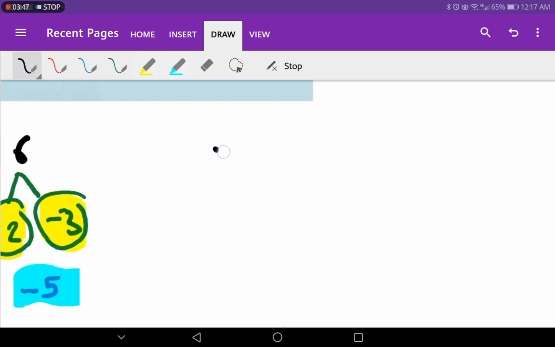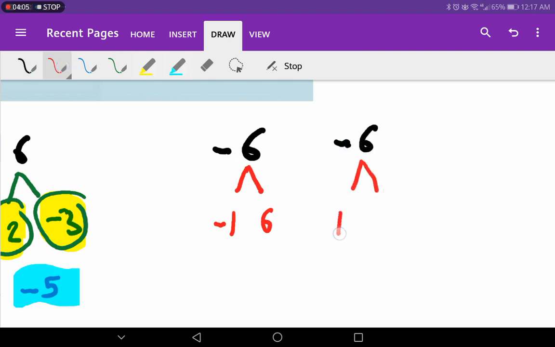-6? The -6 comes from -1 multiplied by 6. Good. Or the -6 comes from 1 multiplied by -6. It is different? Yes.